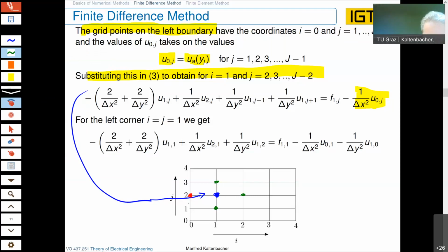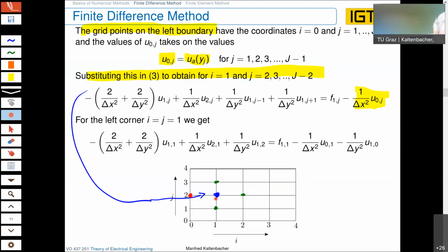Therefore you have u0, where i is 0, and j is going from 2 to j minus 1, which can be just 2 because j is 4. So this is such a node. However, it can also be the node for i and j equal to 1.